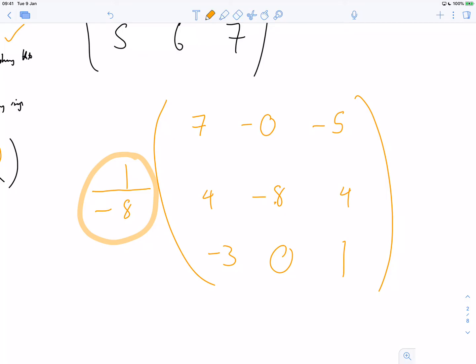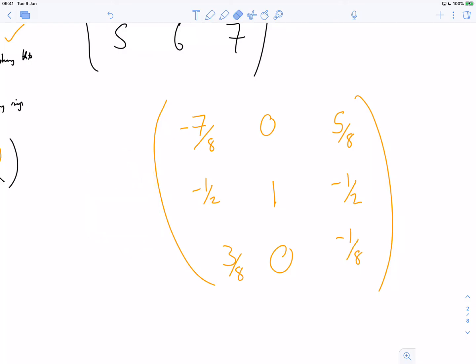Well, 7 would become -7/8, 0 would still stay 0, 5 would now become +5/8, 4 would be -4 over 8, which is -1/2. Minus 8 divided by minus 8 just becomes a positive 1. 4 divided by minus 8 is going to be minus a half. Minus 3 divided by minus 8 is just going to be positive 3/8. 0 stays the same, and 1 will just become minus 1/8.